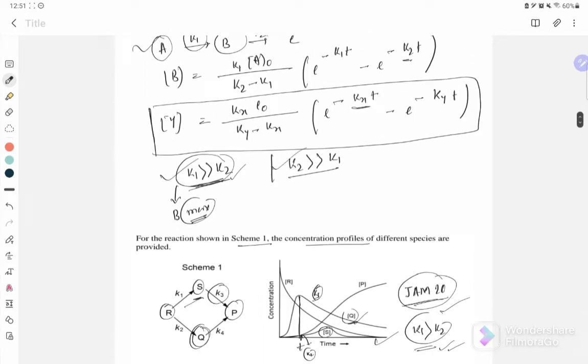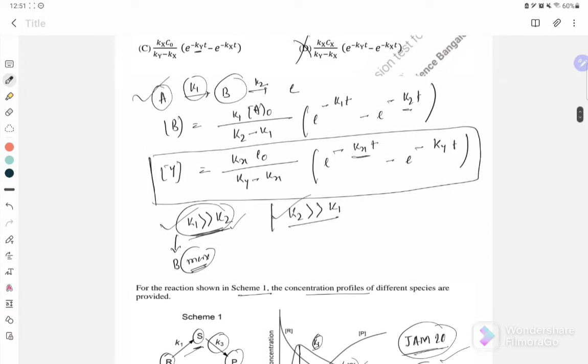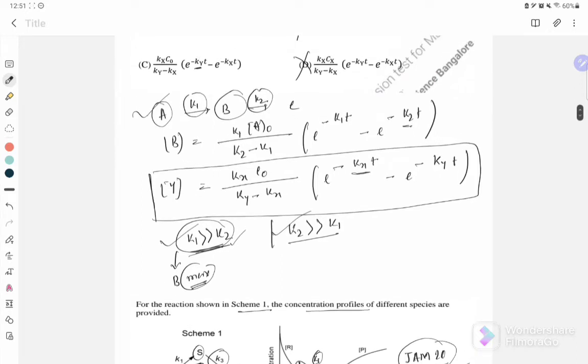But for this condition, K2 is greater than K1, meaning K2 is much bigger than K1. So in this reaction, the decay rate constant of B is greater than the producing rate constant, which means the decaying will be faster than the producing of B. So here we will get B minimum.